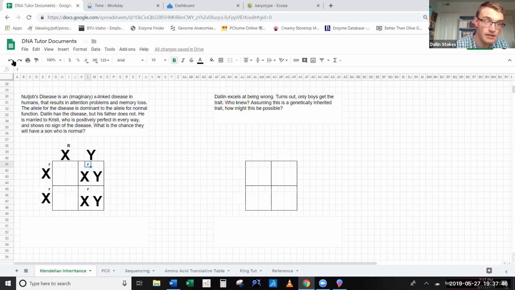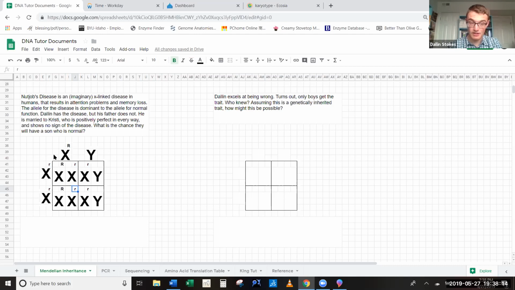Just for humor's sake, what about the girls? Big R overpowers the little r. Big R is the disease allele. Disease. So you would end up with 100% of the girls would have the disease.